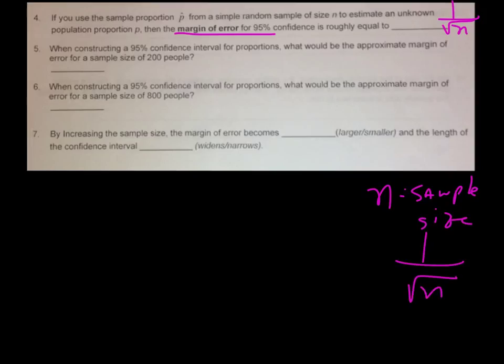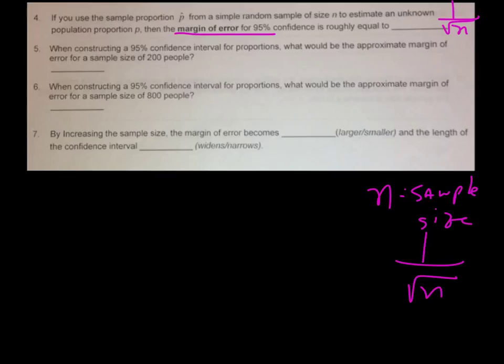So, as a quick method, we're going to use 1 over the square root of n, and remember, n is your sample size. So now let's look at the rest of the questions.